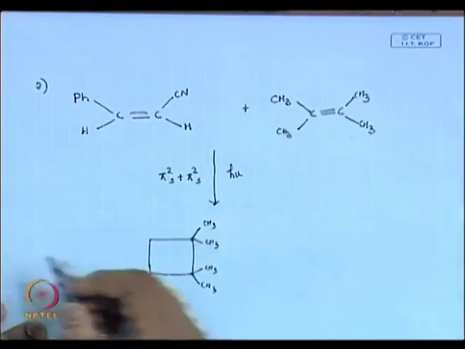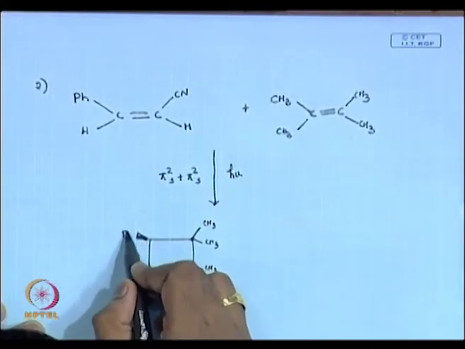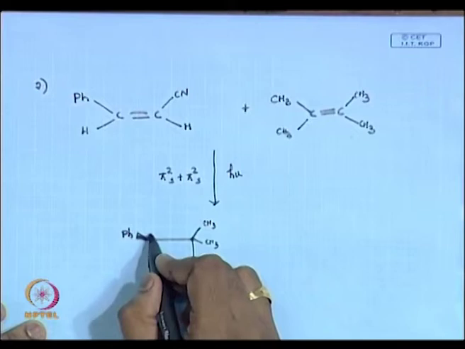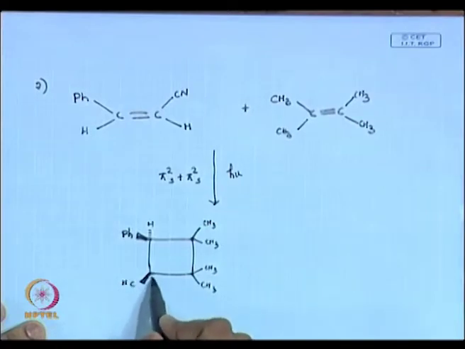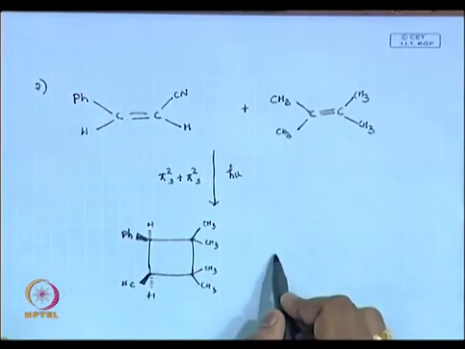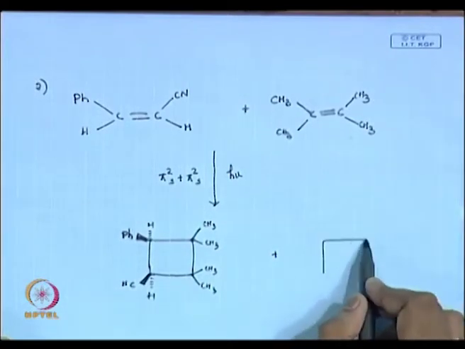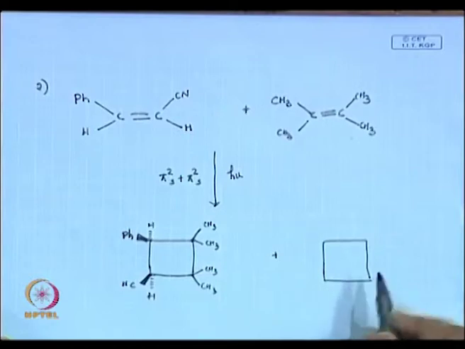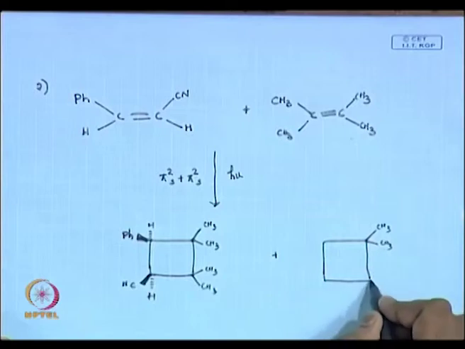Most of the time I get my phenyl here with my hydrogen on one side, and I can get my CN here with my hydrogen on one part, right. You can get a specific product, or it can be the other way around, with CH3, CH3.